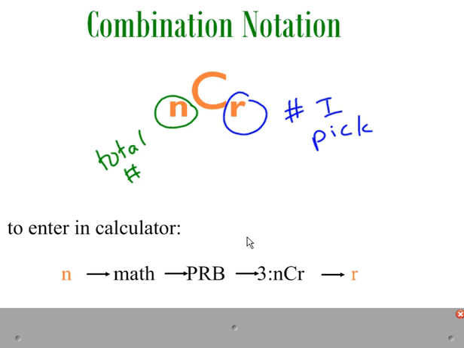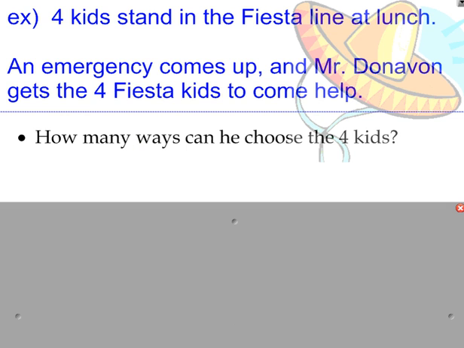So combination is just grouping of people. So I could put 3 people together. Harry, Sally, and Joe is the same group as Joe, Harry, and Sally. But different if I give Harry first, then Joe, then Sally, right? So combinations will always be less than permutations.